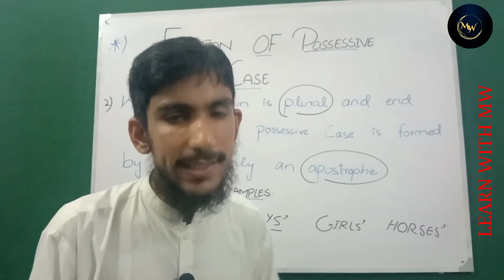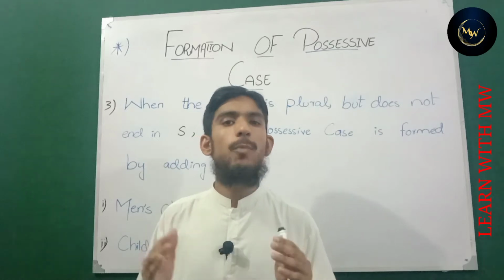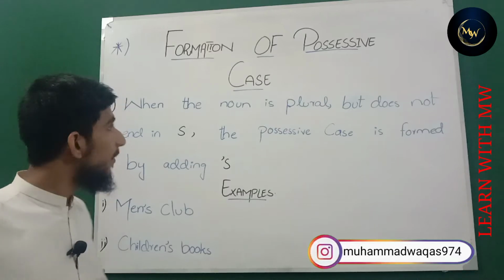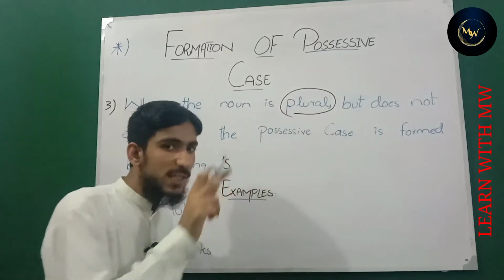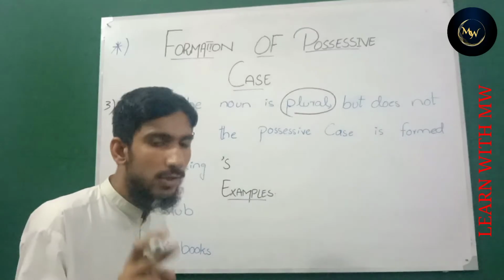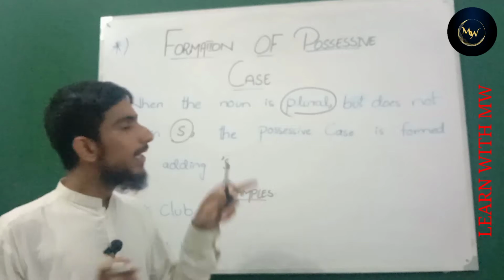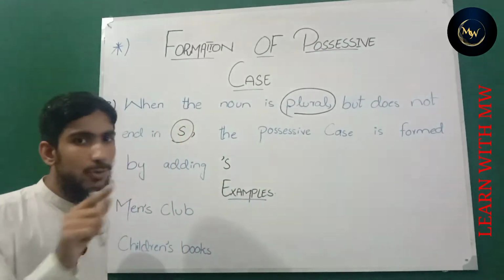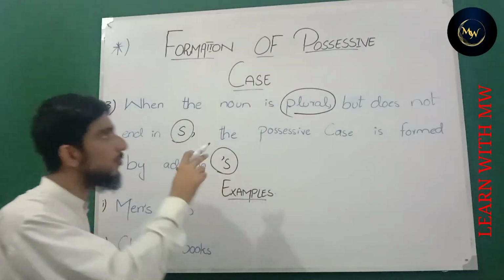Now we will discuss the third technique of how possessive cases are formed. So let's begin. The third technique says that when the noun is plural but does not end in s, then its possessive case is formed by adding both apostrophe and s to that plural.